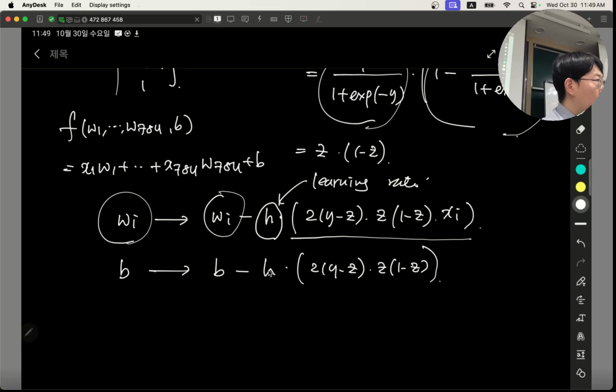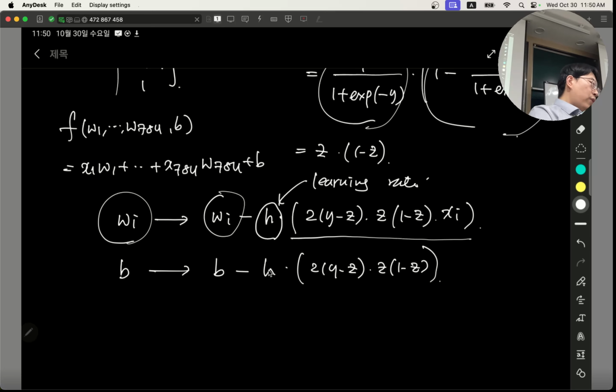But our goal is to make a general model, so that it works for any type of handwritten digit image. So I cannot stick with one image. I have to feed this model as many images as possible, right?